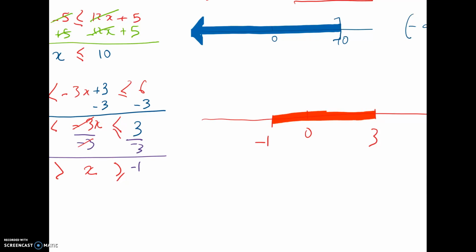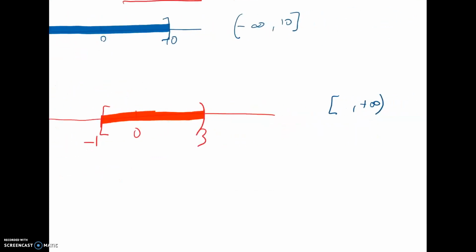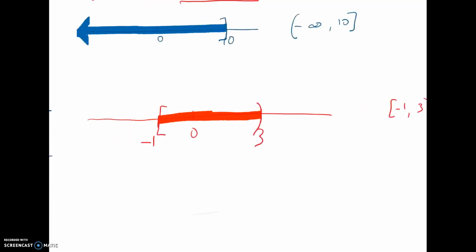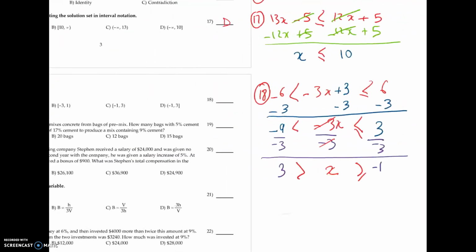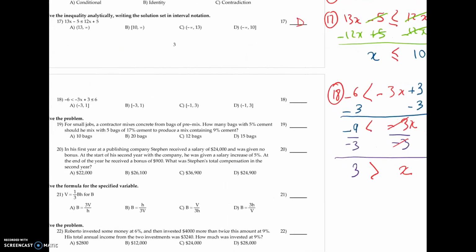The set of all solutions is between negative 1 and 3, with a bracket at negative 1 because we have an equal sign in my inequality, and a parenthesis at 3. So the answer is supposed to be C.